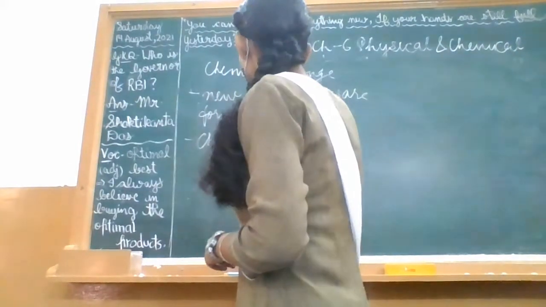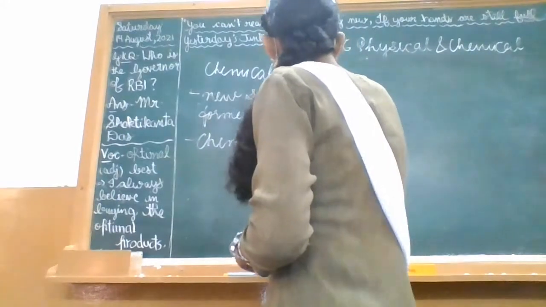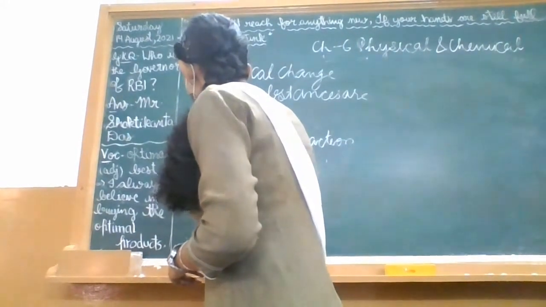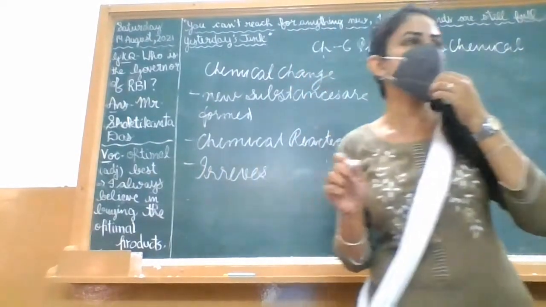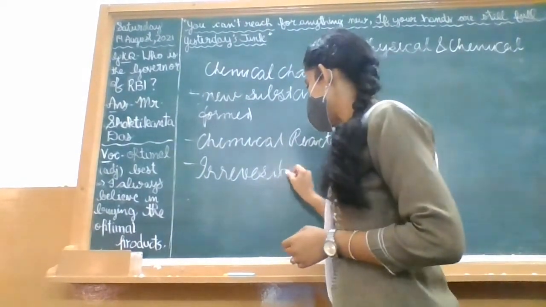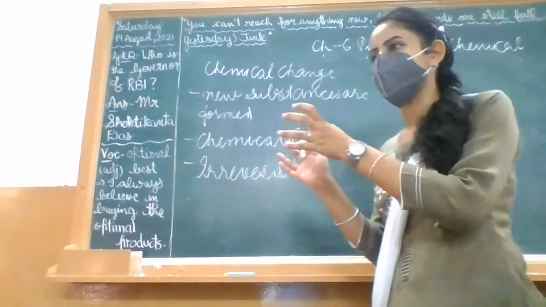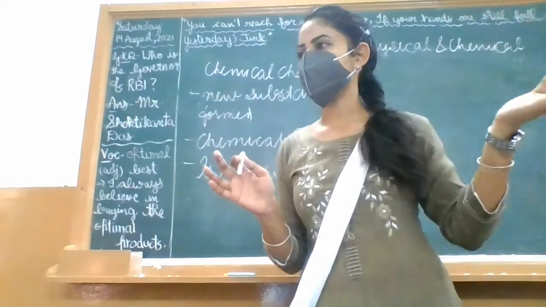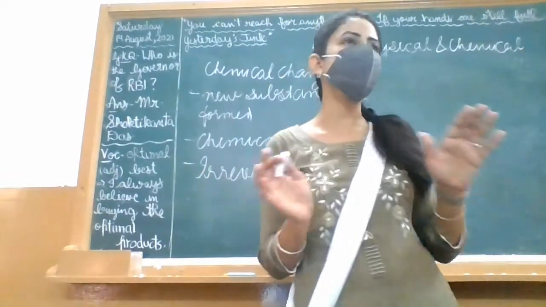Yes, the chemical change is irreversible. We can't obtain the same product that was initially present. Okay, once the reaction happens and a new product is formed, we can't reverse it. In the activities 6.6, 6.7, 6.8, we can't reverse the changes.